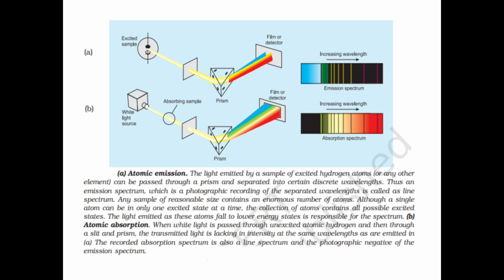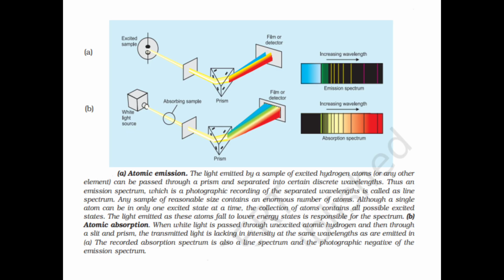The light emitted by a sample of excited hydrogen atoms can be passed through a prism and separated into discrete wavelengths. Thus the emission spectrum, which is a photographic recording of the separated wavelengths, is called a line spectrum. Any spectrum of reasonable size contains an enormous number of atoms.